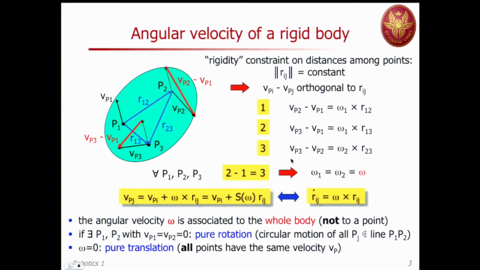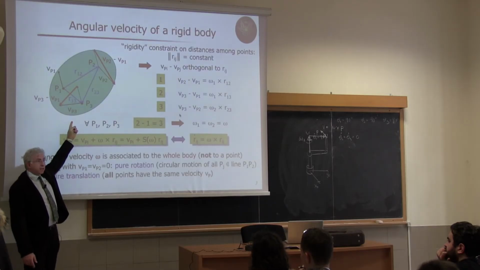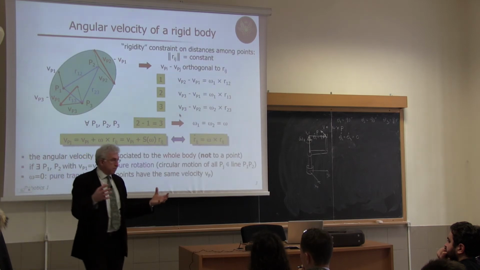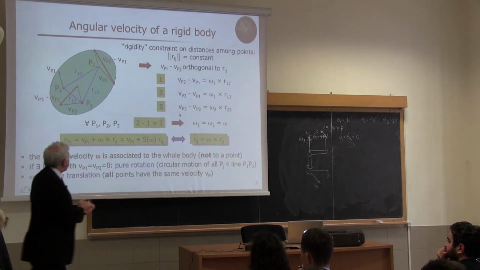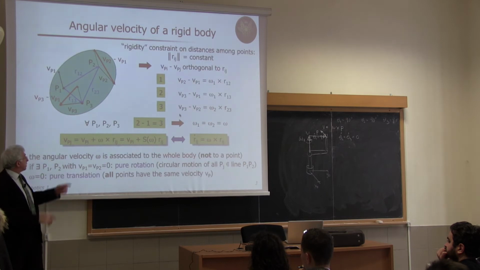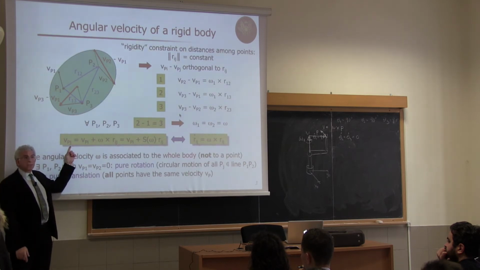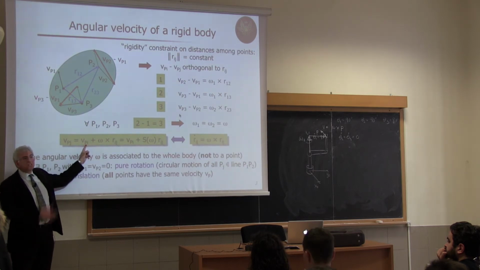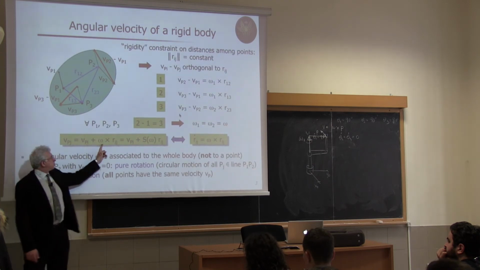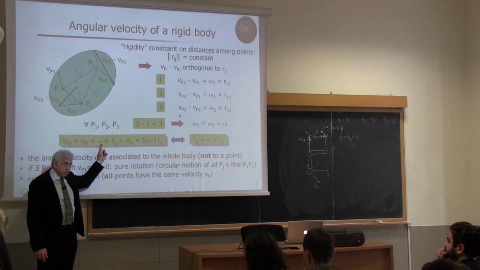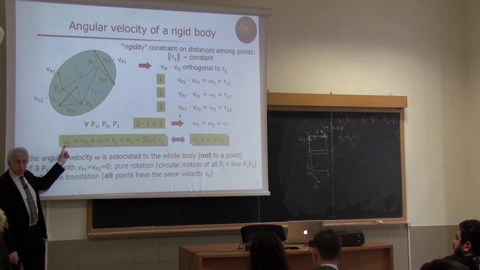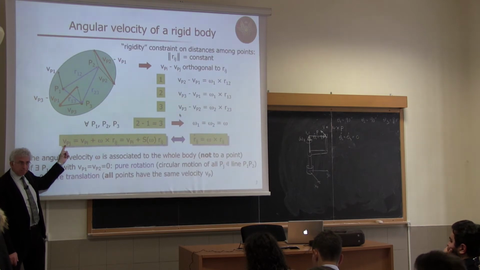And this comes out of the fact that we are considering rigid bodies, so we cannot deform these bodies. So we have a fundamental kinematic expression that tells you if you know the velocity of some point of this body, let's say point pi, and you know the angular velocity of the body, then you can compute the velocity of any other point of this body. Okay?